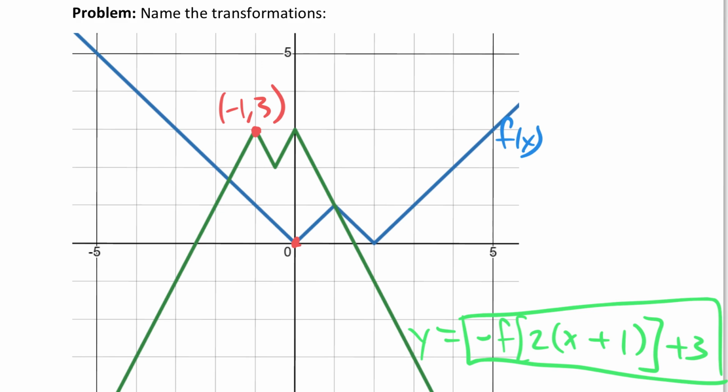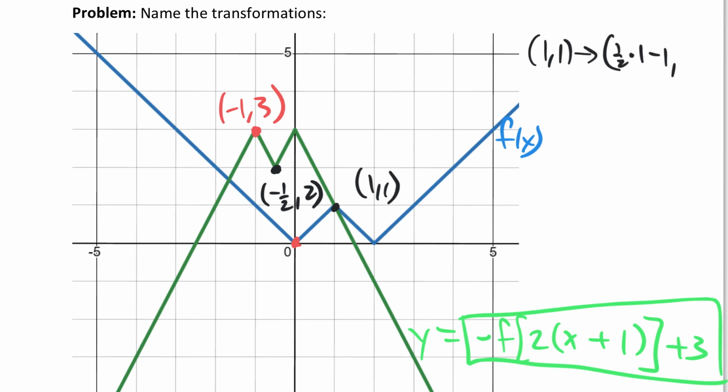Again, if we wanted to confirm, we could take maybe that point on the very top here, 1, 1, and that's going to become -1/2 and 2. So if we take the point 1, 1 and apply the transformations, first we have to take the x value and multiply it by 1/2, then subtract 1.